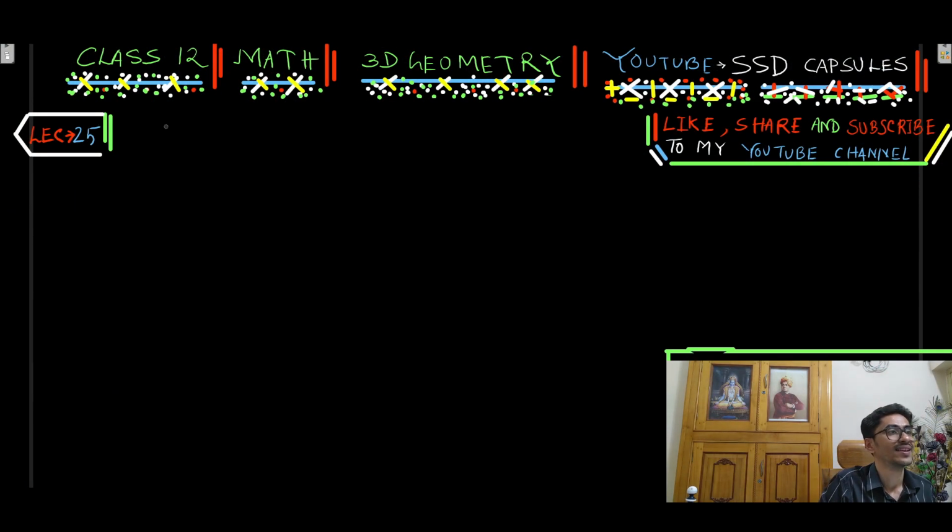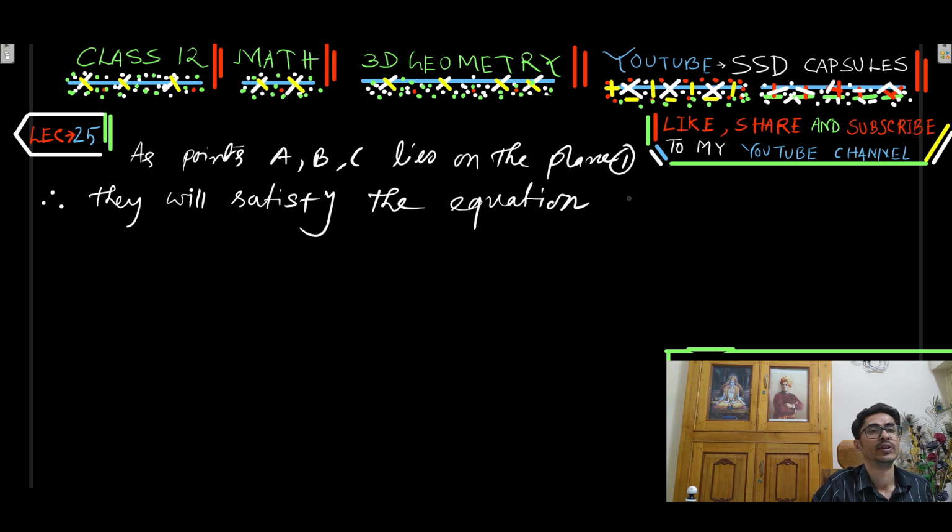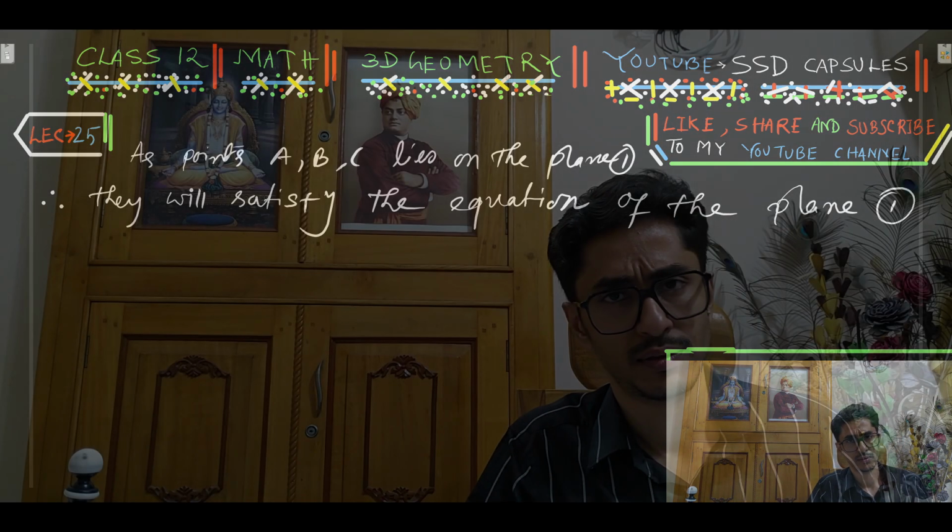So, as points A, B, C lie on plane 1, therefore they will satisfy the equation of the plane 1. The concept is very plain, very simple, nothing is there.